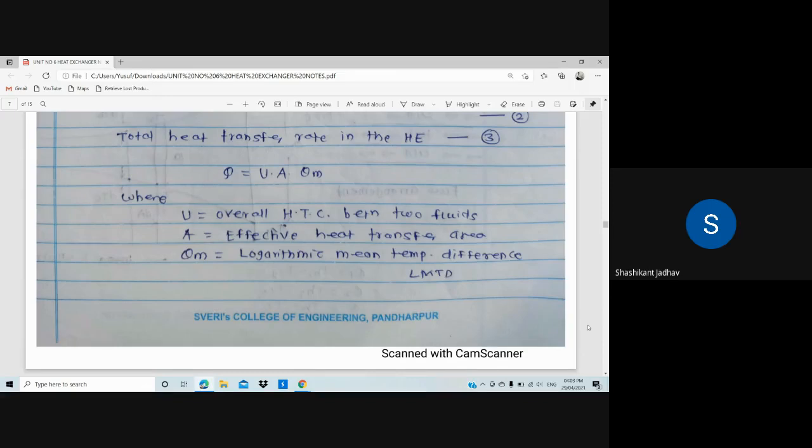So for the whole heat exchanger, we have to use that equation: Q is equal to U into A into theta m, and that theta m is nothing but LMTD.